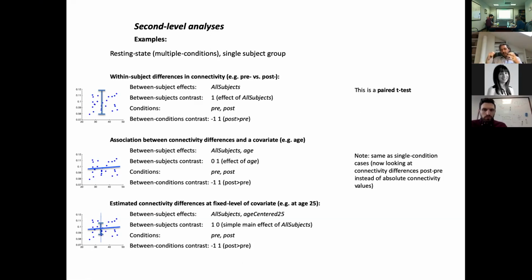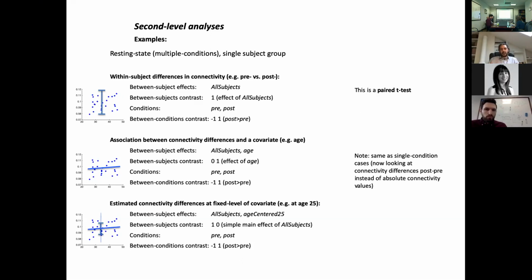You can think of this as an interaction. If the two conditions are the speed of speech production, for example, you could think of this as an interaction between production speed and age, and that interaction is basically encoding whether the difference in activation between fast and slow is different in younger compared to older people, right?